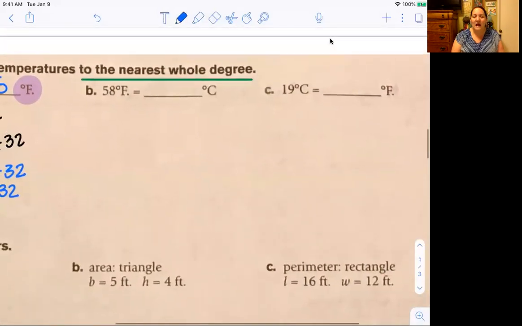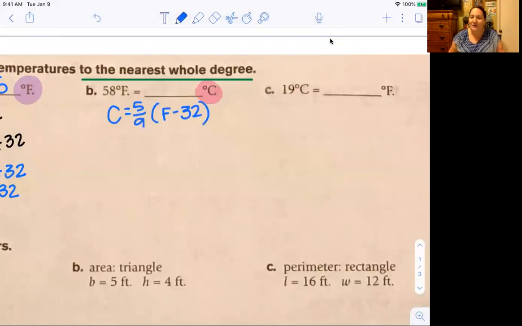Okay. How about letter B? Let's look at letter B. 58 degrees Fahrenheit is how many degrees Celsius? Which formula are we going to work on? What do you think? The Celsius formula, good, or the C formula. So Celsius equals 5/9 times F minus 32.